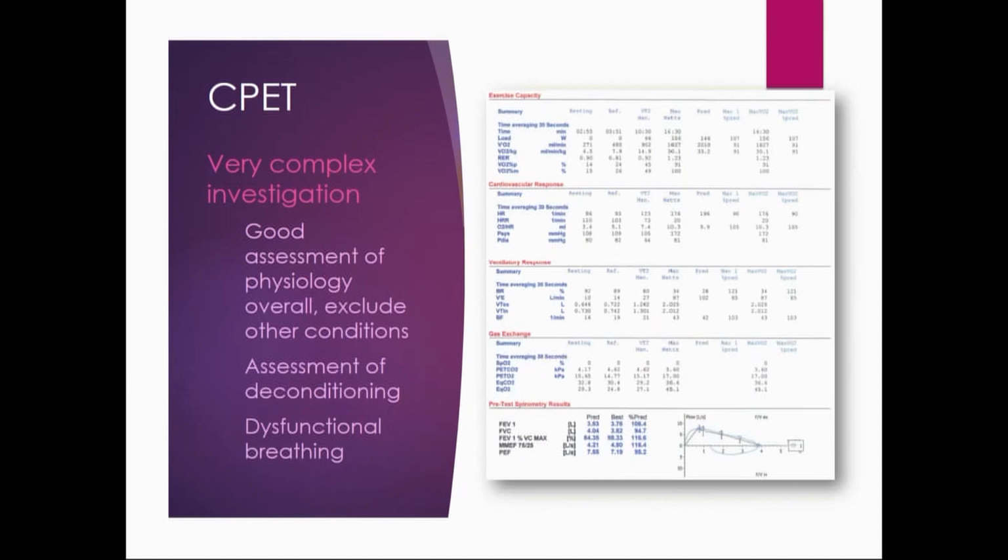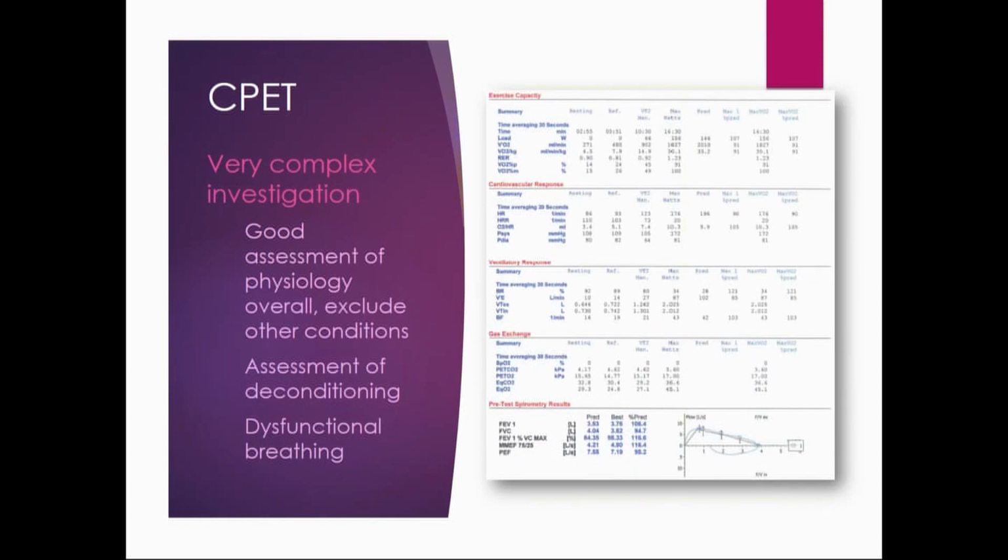We do a lot of cardiopulmonary exercise testing, and I suppose when you hear about dysfunctional breathing, we'll hear a little bit more about that. Why we started to do this was because patients complain of exercise intolerance, and they complain of chest pain, and they complain of breathlessness on exertion, so the CPET seemed like a very good idea.